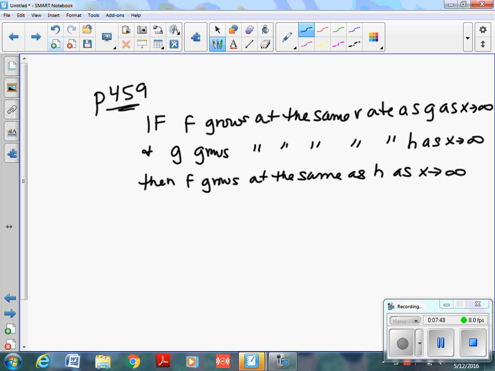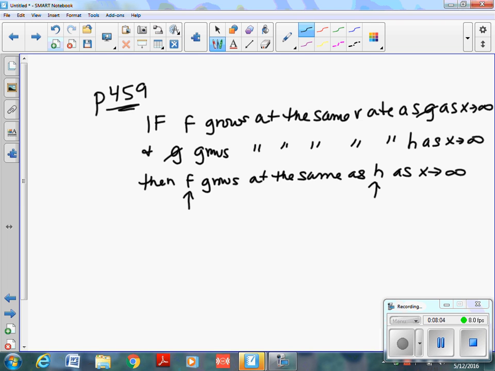Okay, if f grows at the same rate as g, and g grows at the same rate as h, then process of elimination says that f must grow at the same rate as h.